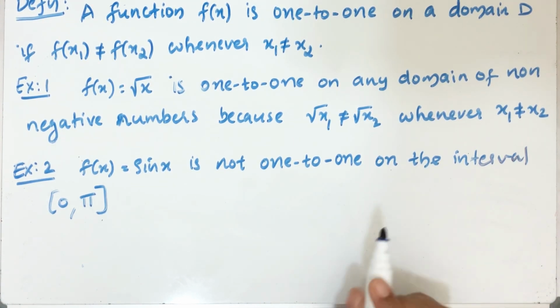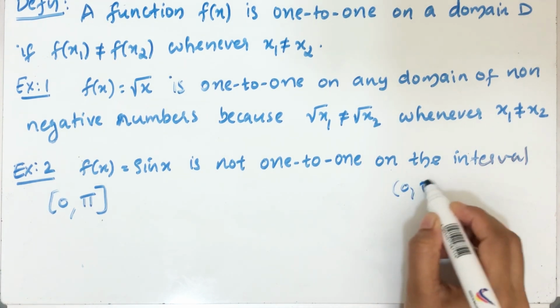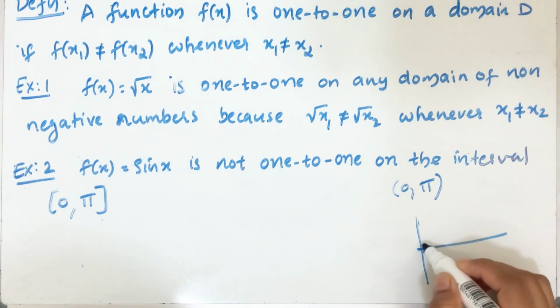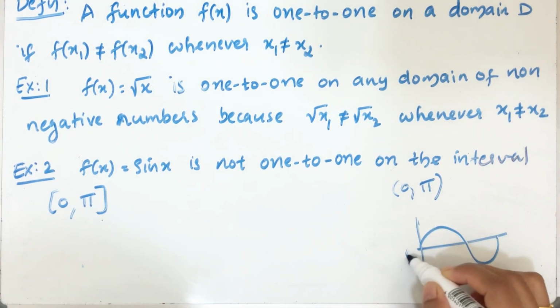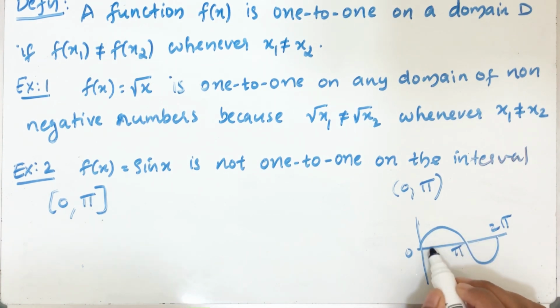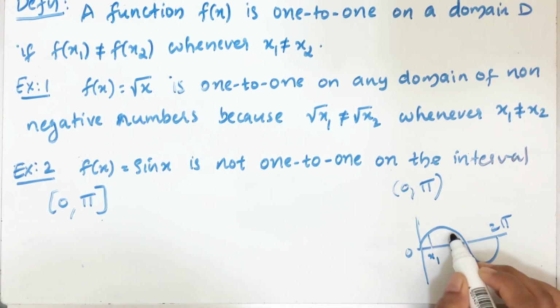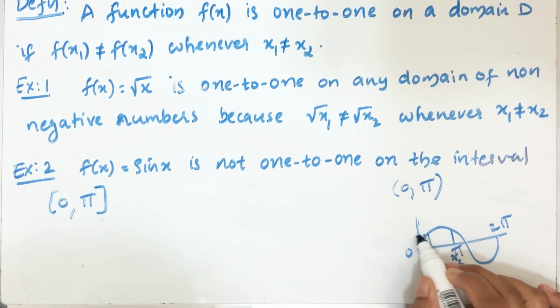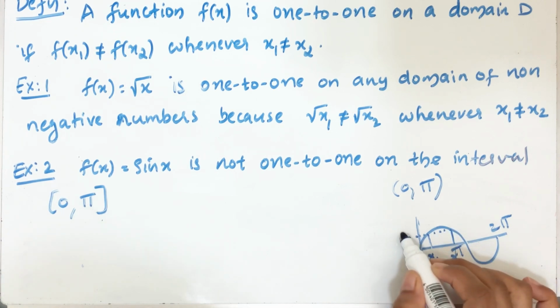If we take the open interval 0 to pi, then also it is not one-to-one. We can see the graph of sin x like this: 0, pi, 2 pi. We are considering this interval. If we take this point x1 and this point x2, what are f of x1 and f of x2? f of x1 is this value and f of x2 is also this value.